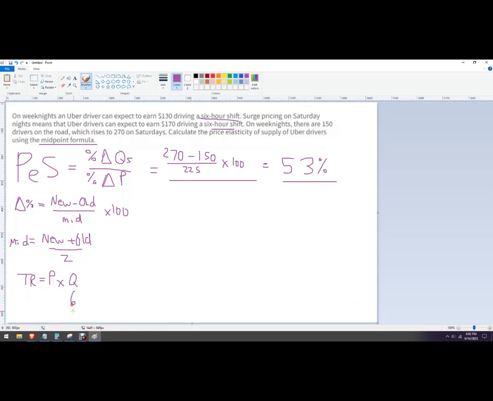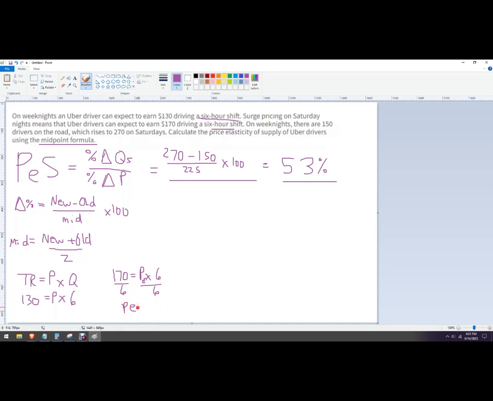So this is 6. We don't know price, but we know the total revenue on the weekday is 130. And we know on the weekend is 170. So 170 is the total revenue, price times 6. Okay, so to solve either one, I guess I could call that weekend. We'll divide both sides by 6.